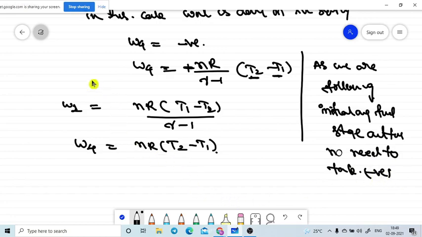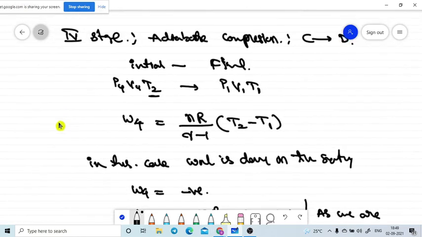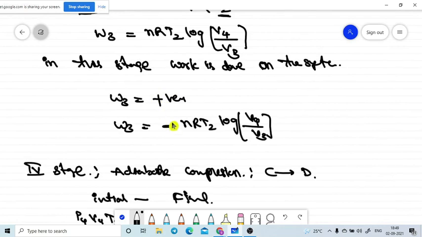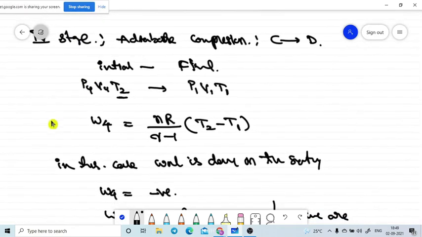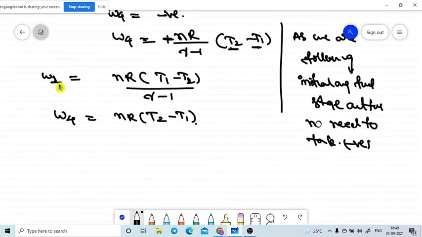Without taking the negative sign, here also I need to change it, no need to check, because we are following the initial and final stage conditions. That's why no need to take the negative sign here. But we need to remember work is being done on the system. That is enough for you.